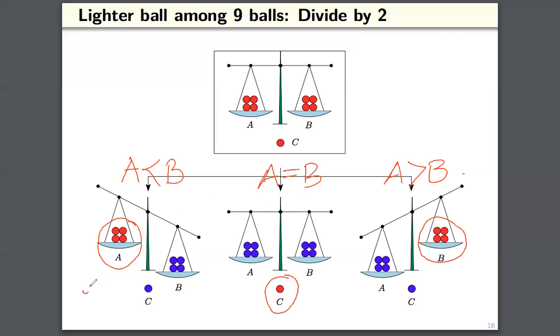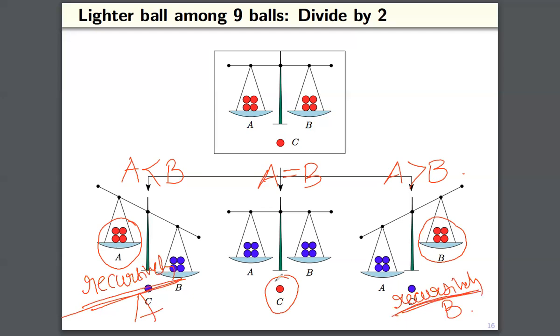Now, what is the idea? You recursively find the lighter ball in A. You recursively find the lighter ball in B. What about C? The C group will always have at most 1 ball, either 0 or 1 ball, right? So you don't need to recurse.